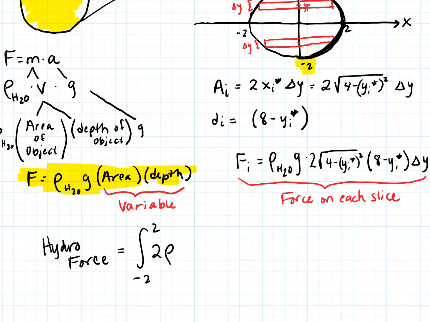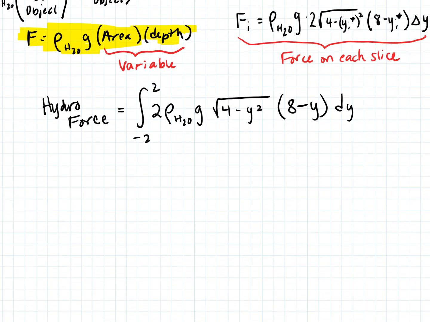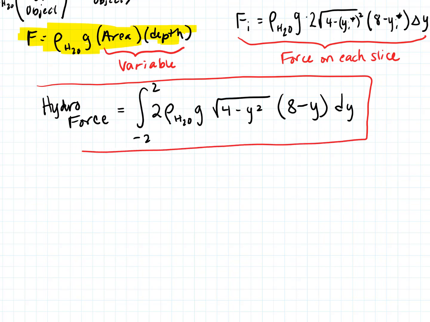So 2 times rho of H2O times gravity times the square root of 4 minus y squared times the quantity 8 minus y dy. And that is my integral that now I have to compute. So here is the integral, and now let's compute it using our integration techniques.